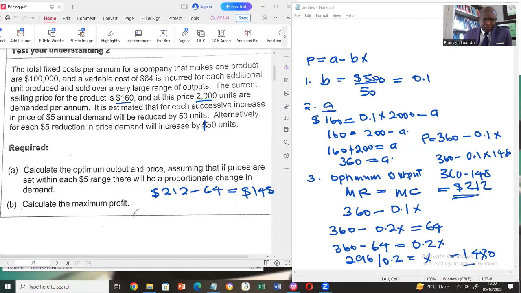Total contribution will be 148 multiplied by the output, 1,480, which is 219,040, less total fixed cost.